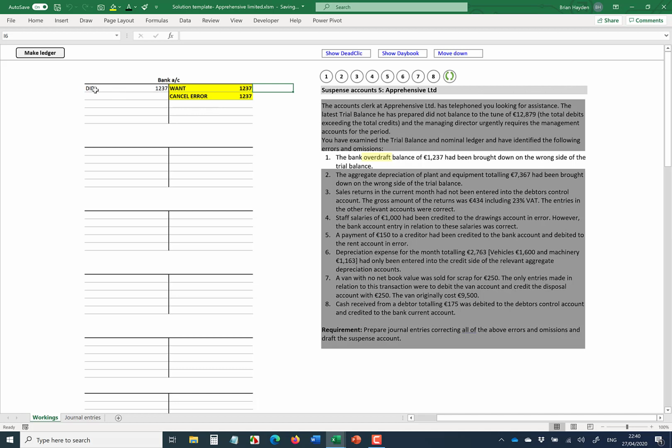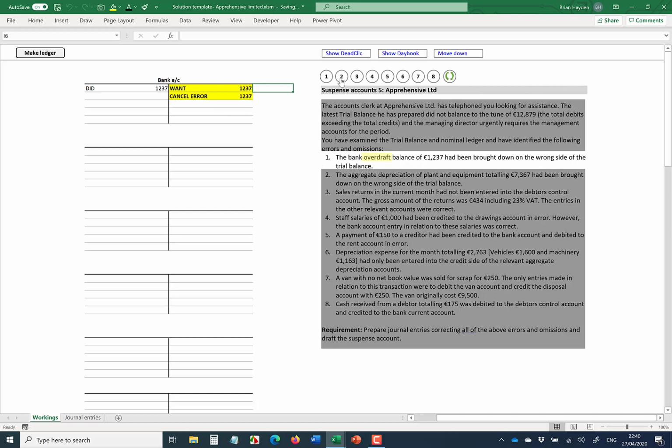We put it on the wrong side, which was the debit side. Remember, a liability should have gone on the credit side. So this is the solution: cancel the mistake and put in what we want. That's just a rough working to help figure out what needs to happen with this particular transaction.